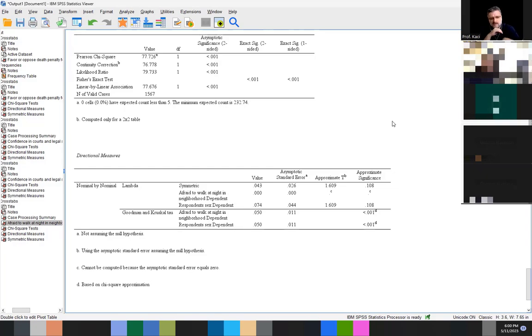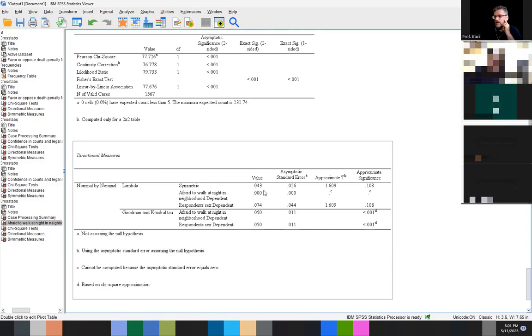And if you can, by what percentage you can improve your guessing error? Okay, in relation to the first question, knowing somebody's gender, it doesn't help you predict whether they're afraid or not. But knowing whether somebody is afraid or not to walk in the neighborhood at night, you can improve your error in guessing their gender by 7.4%.